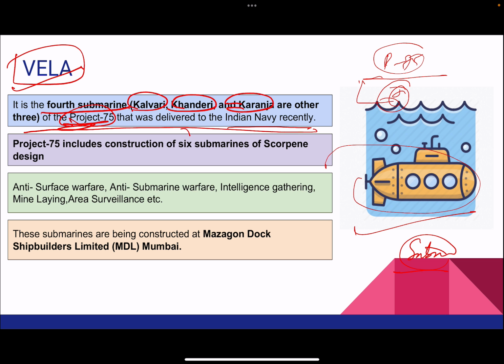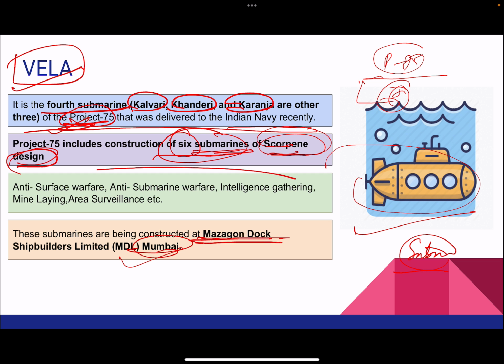So it includes the construction of 6 submarines of Scorpion design. So these terms, how many submarines? 6. The project name is called Project 75, and Scorpion design is the name of the design of these submarines. This is being constructed at Mazagon Dock, which is in Mumbai. So this is also important.